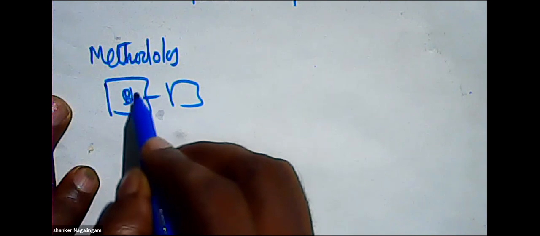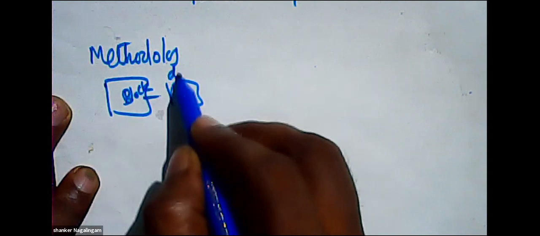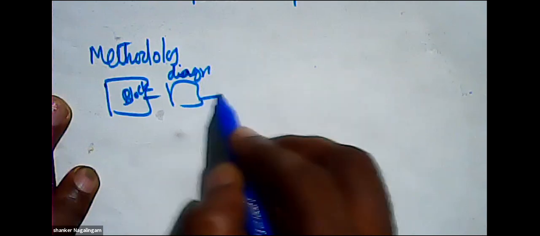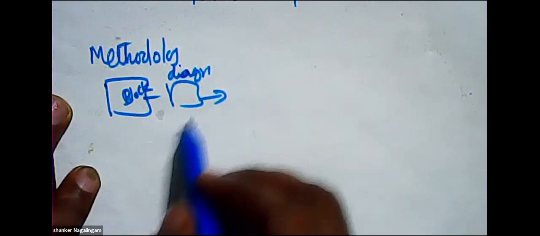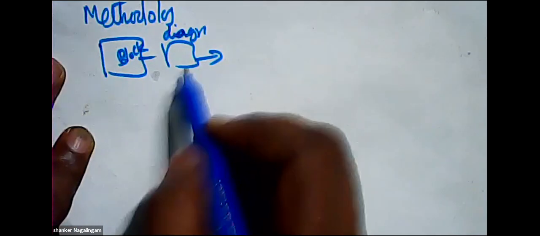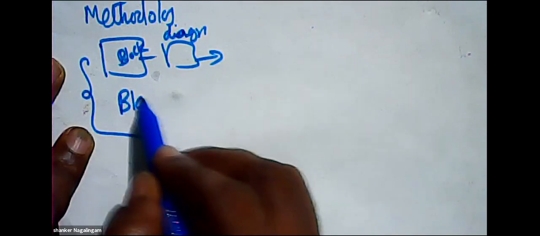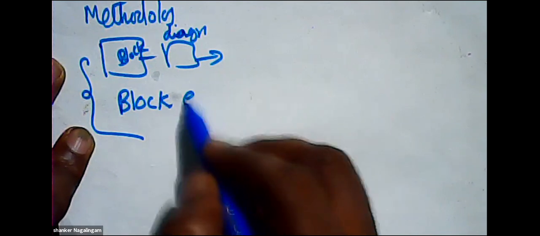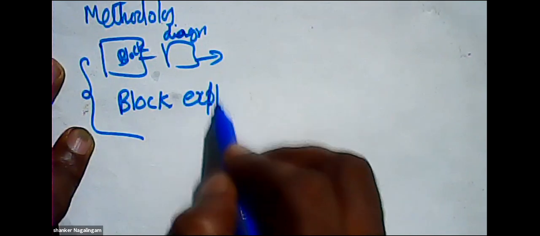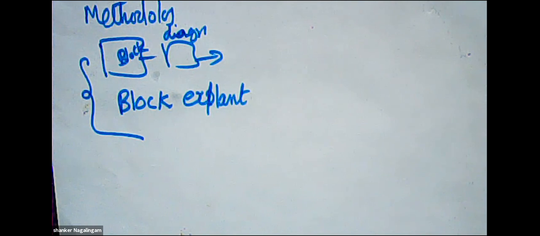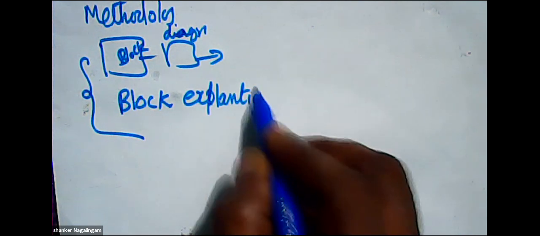Then you explain your block diagram, with an individual explanation for each block. And as I said in the previous class, you have to justify why this block is there, why this particular block is adopted, and why other blocks were not selected.